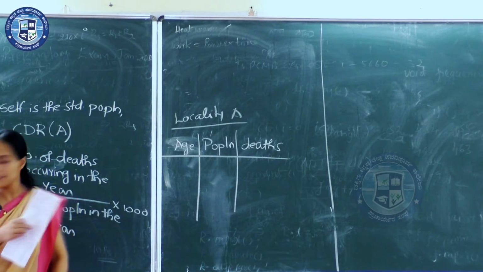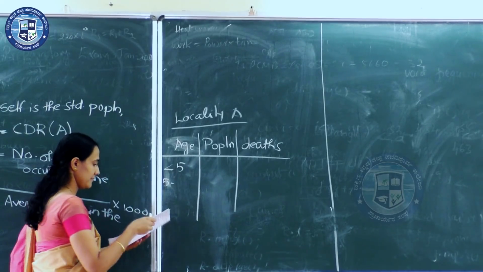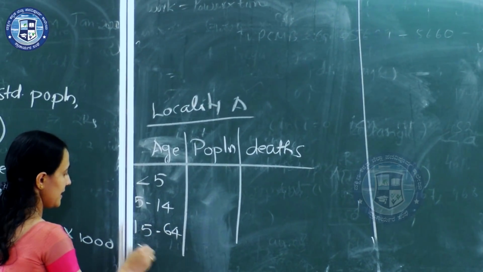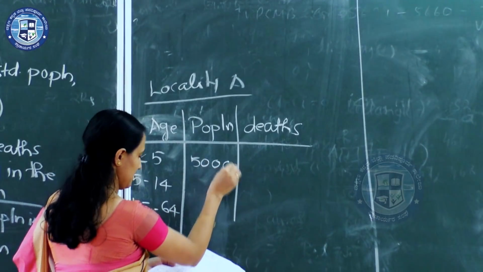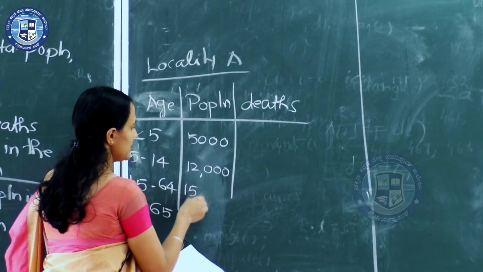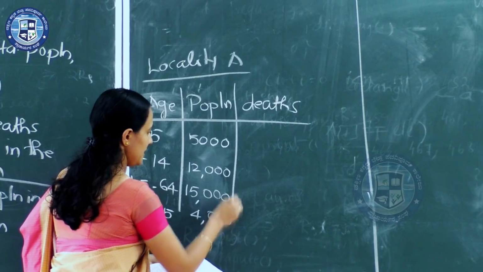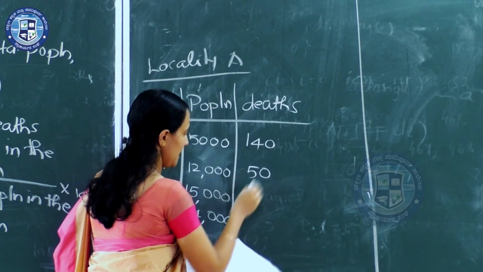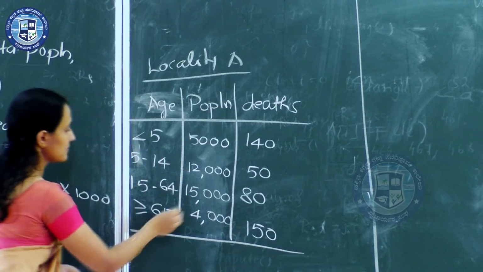Age is less than 5, 5 to 14, 15 to 64, greater than or equal to 65. Populations are 5,000, 12,000, 15,000, 4,000. Deaths are also given: 140, 50, 80, 150.